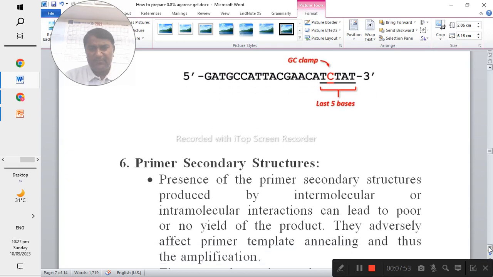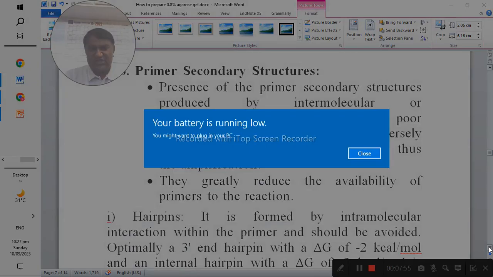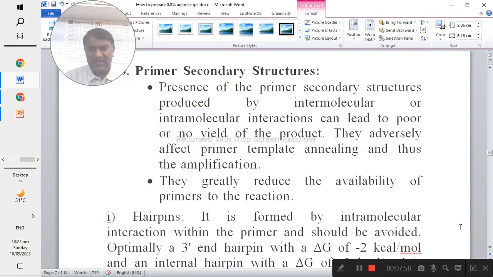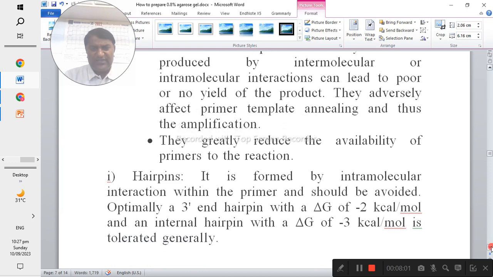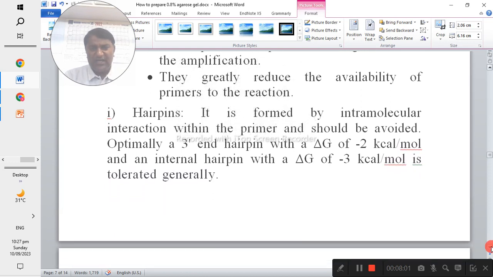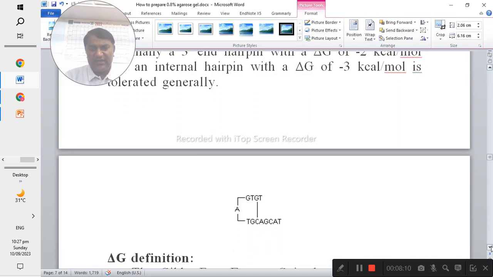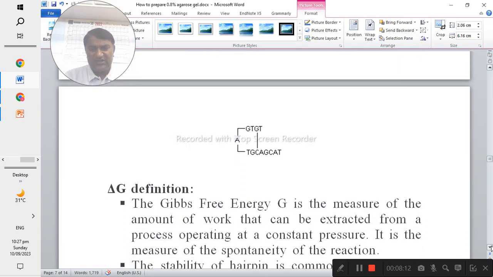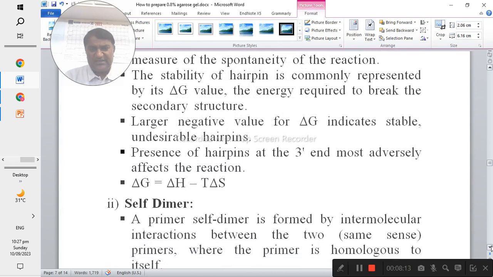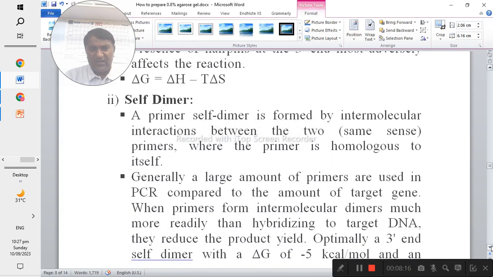Then next is the primer secondary structure, and you can see here the molecular interaction with the primer.